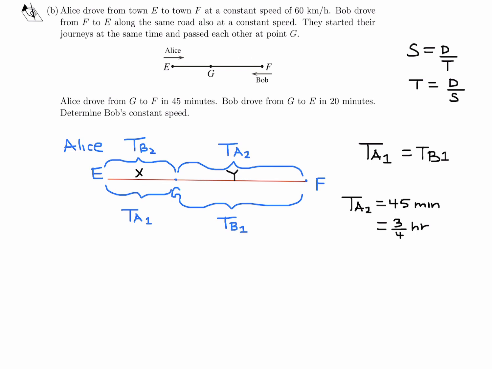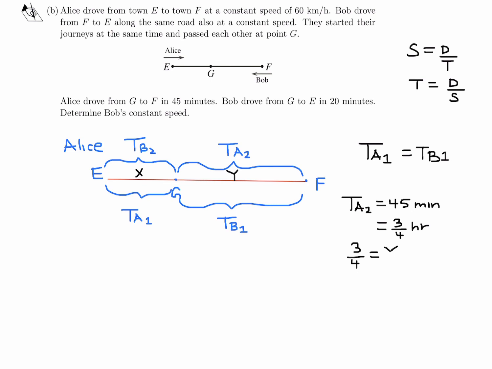Okay? And the formula for time is distance over speed. So this 3/4 is equal to the distance, her distance, which was going to be x, or sorry, it's this distance right here, because we're talking about TA2.